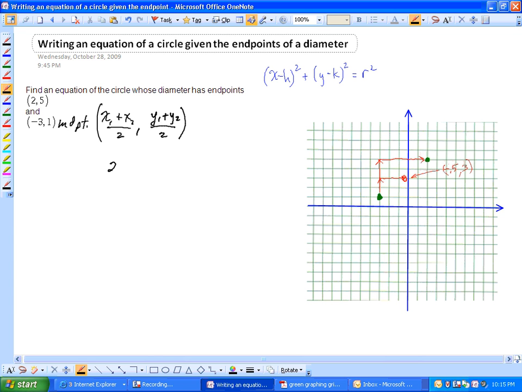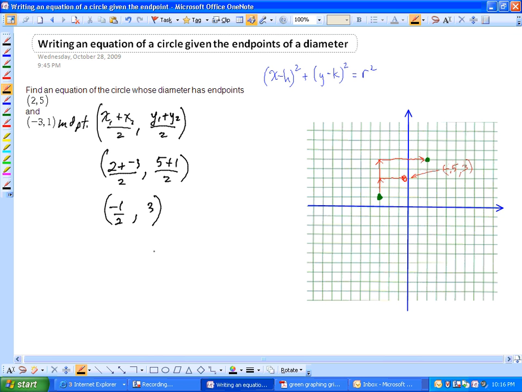So you have 2 plus negative 3 divided by 2. That's negative 1 over 2, or negative 0.5, comma, y1 plus y2, 5 plus 1 over 2, that's 6 over 2, which is 3. So we have a geometric way of finding it, counting, and a mathematical way over here.